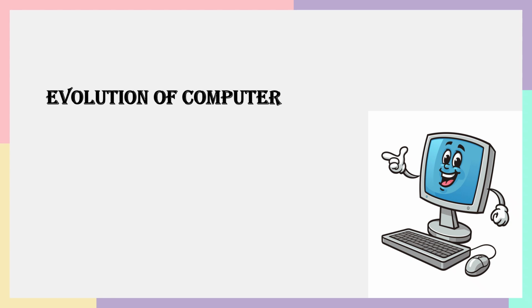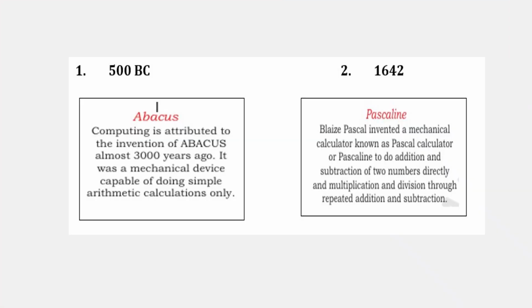So from the abacus to today's digital computer, a timeline of innovation means the evolution of a computer system. First let me tell you about the first recorded computing device, named the abacus.